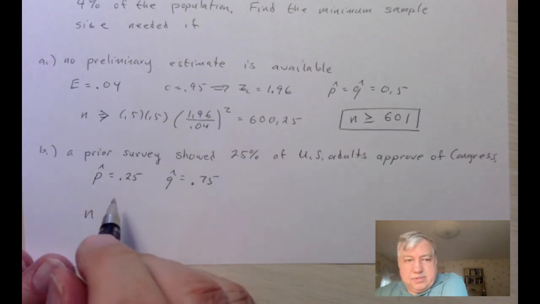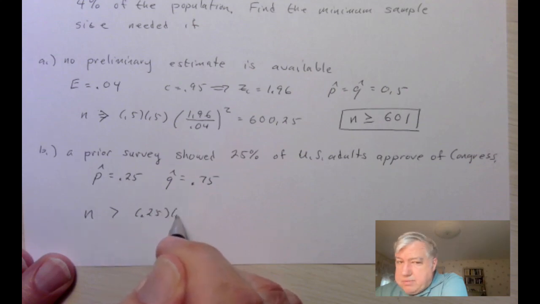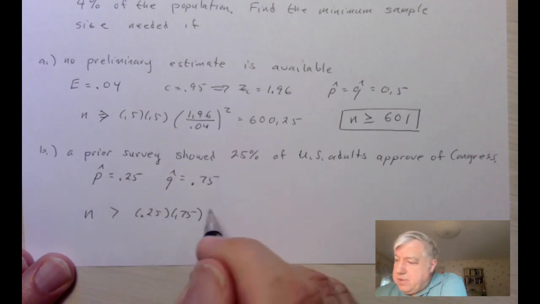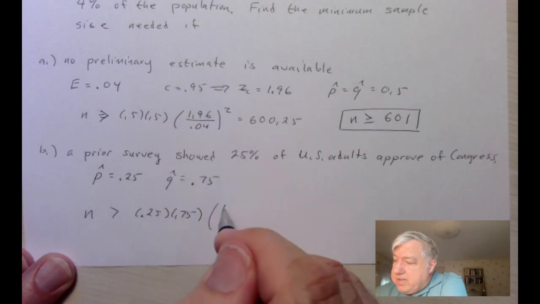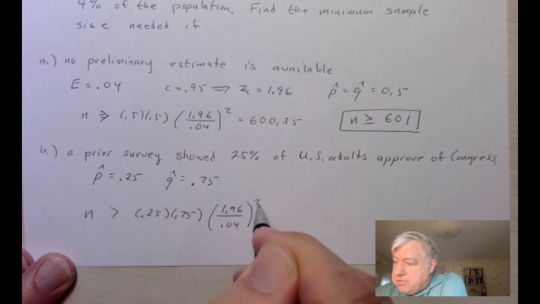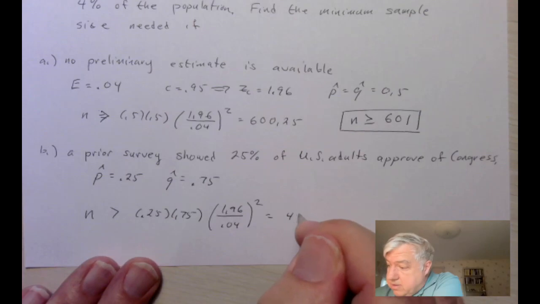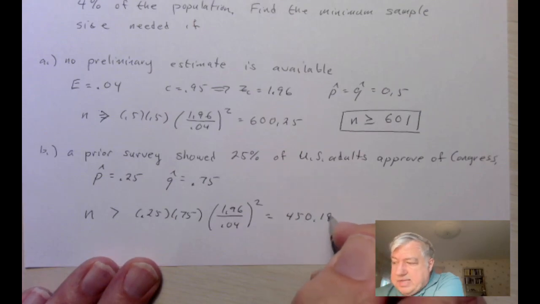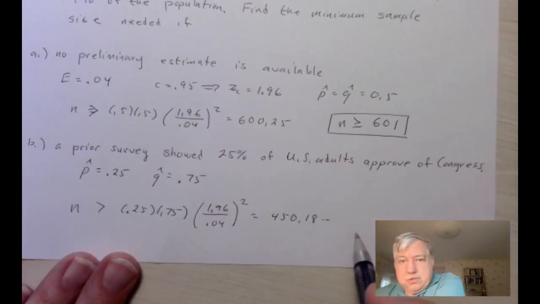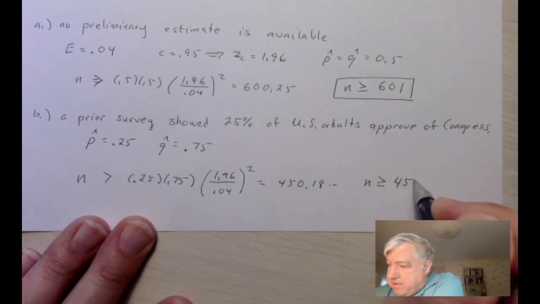Doing everything else the same, N has to be greater than 0.25 times 0.75 times 1.96 divided by 0.04, squared. That turns out to be 450.18 something. So we want N to be at least 451.